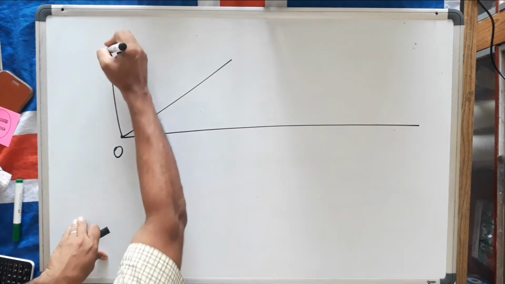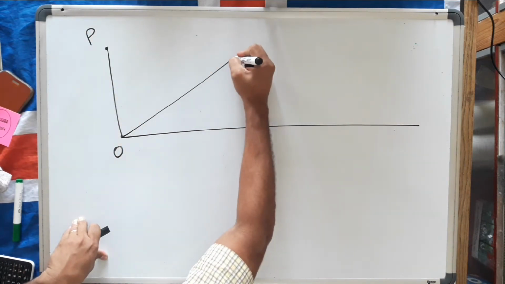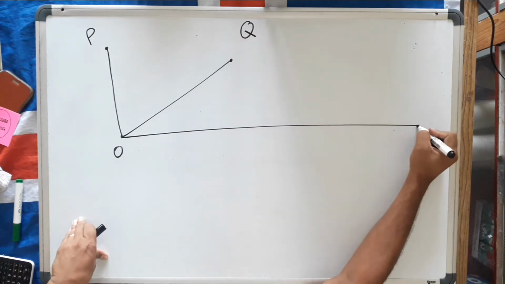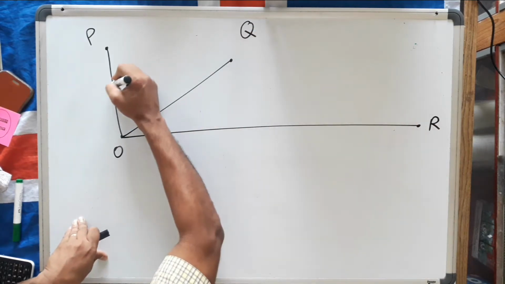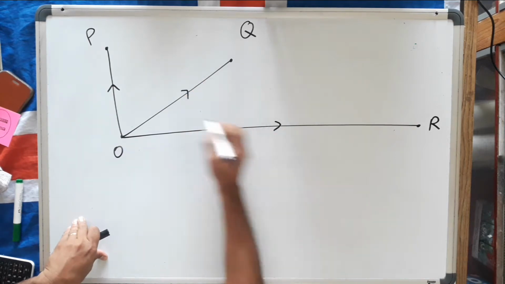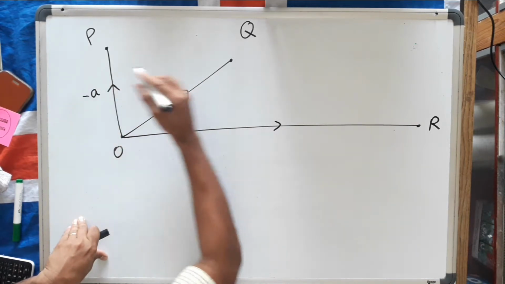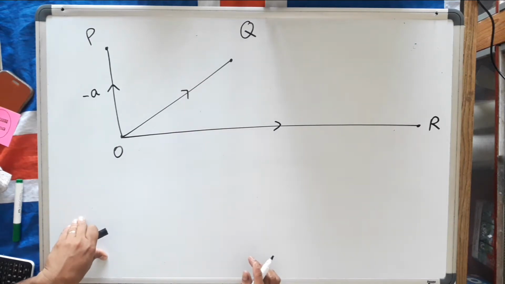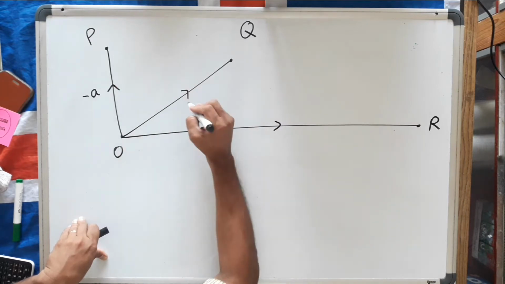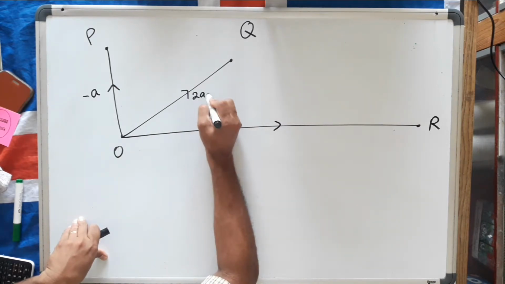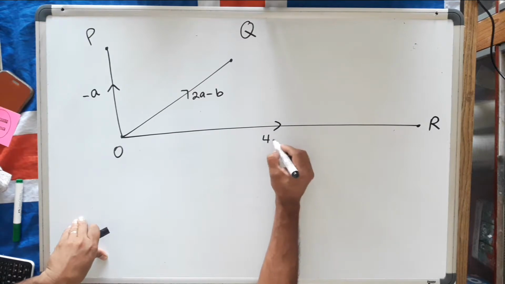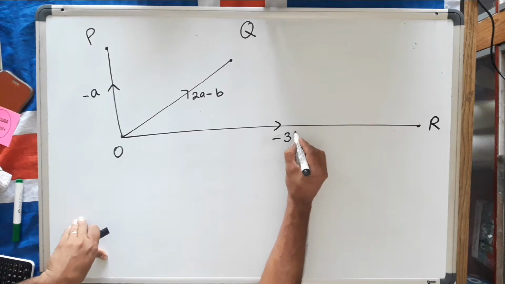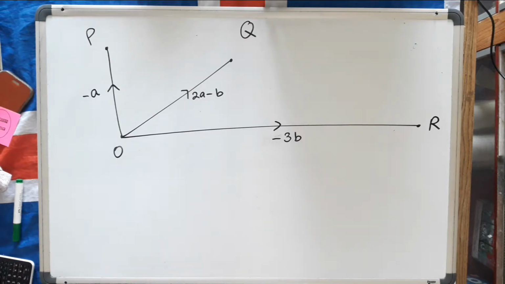Let's try O, P, Q, and R. Let's say the value of this vector is minus A. The value of this vector is, let me see, I want to make sure that when this goes here, all right, over here is 2A minus B, and this one is 4A minus 3B.